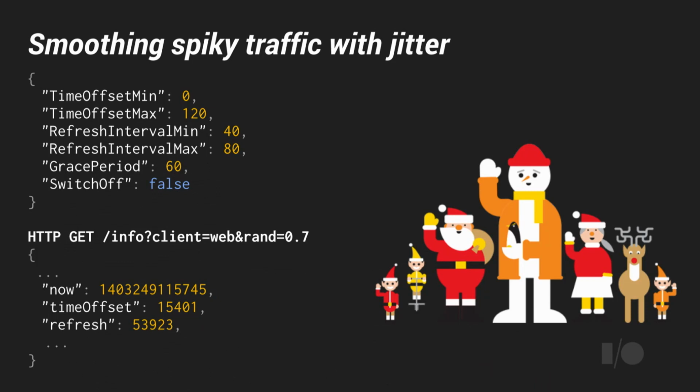It doesn't really matter if these flags are a bit stale, so we can just cache them in memory. Those flags come down to the client when they're re-requesting these flags periodically as well. So you'll see the time offset field there, and that should be the same value throughout that user's experience, once you're delayed that amount.